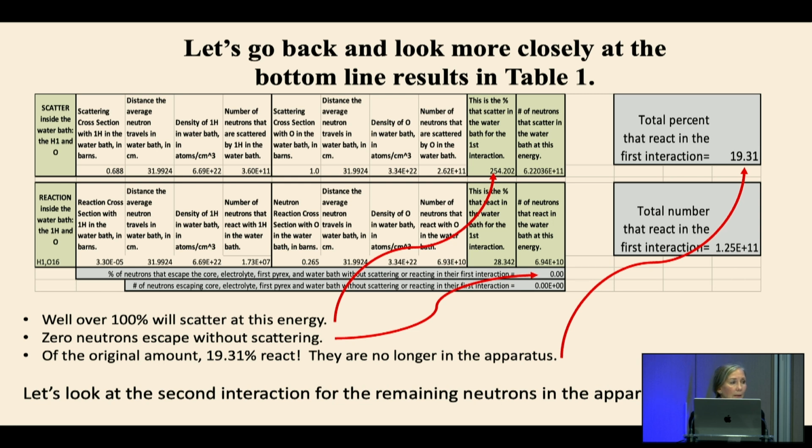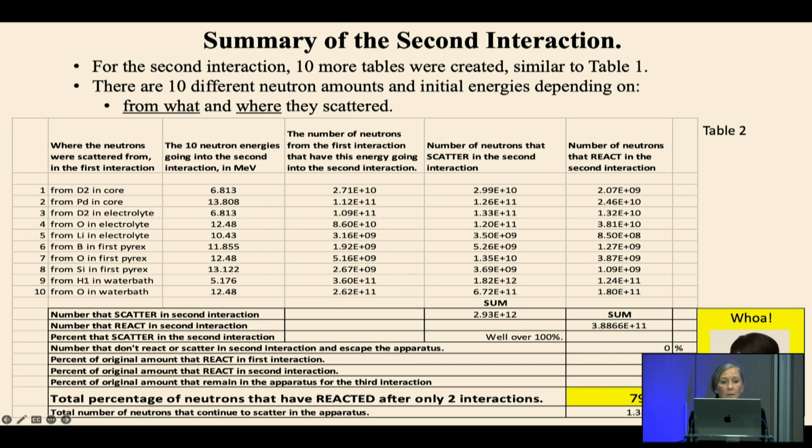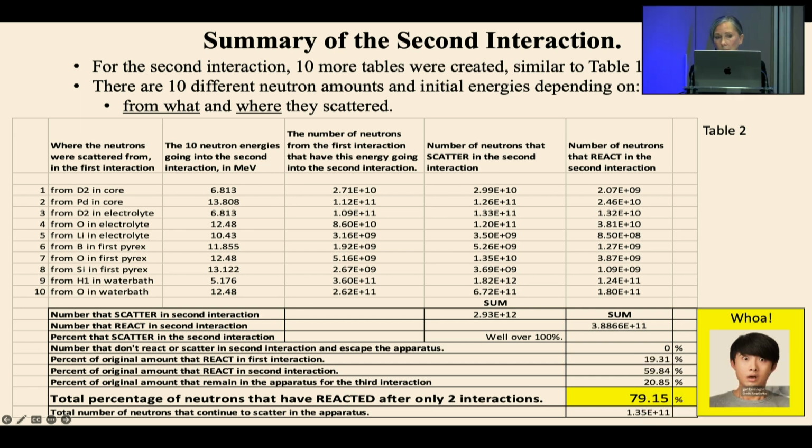Now let's look at the second interaction. I'm going to show you a summary table of that. Here's the summary. For the second interaction, 10 more tables were created, similar to what you saw in Table 1. And that's because there are 10 different neutron amounts and initial energies depending on what they scattered from and where they scattered.